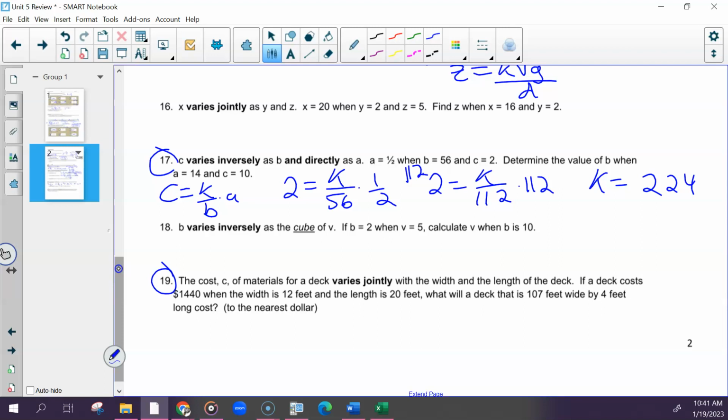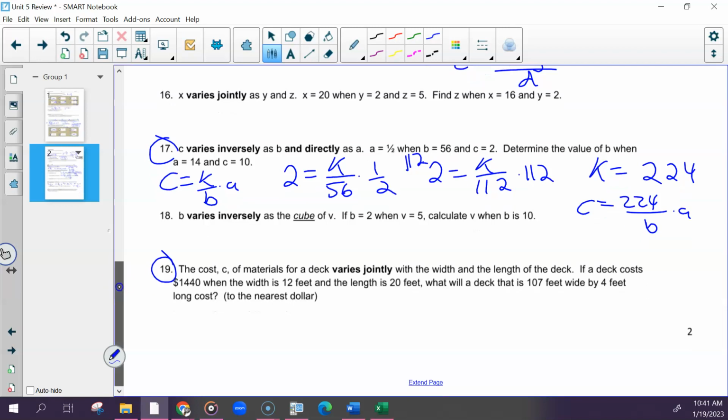So then we can put that back into our equation, start putting in the numbers we have. I'm running out of space. And right, so we have A, we have C, we don't know B. C is 10. And A is 14. Someone really quickly multiply 224 and 14.